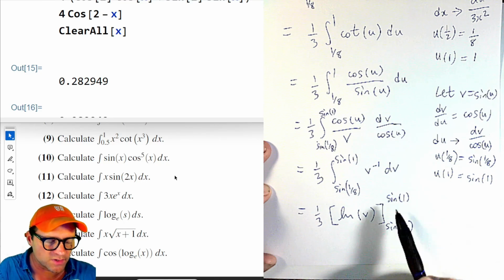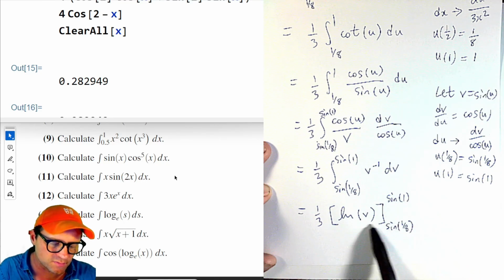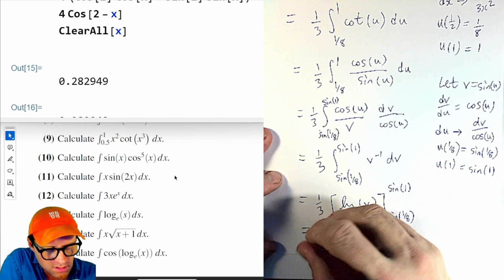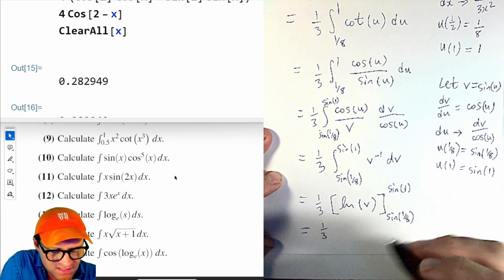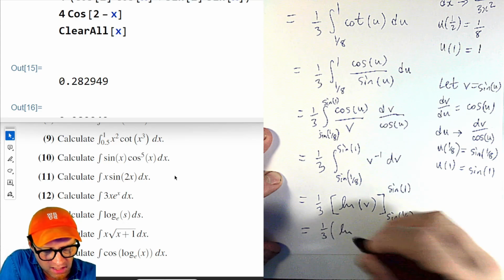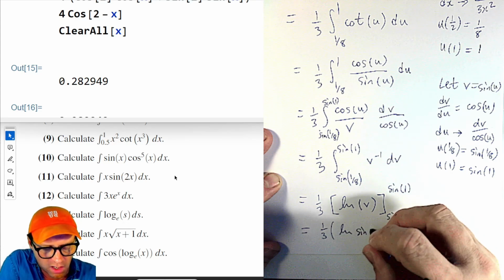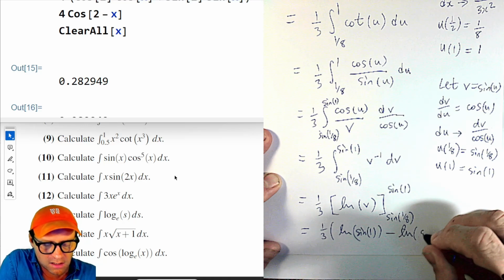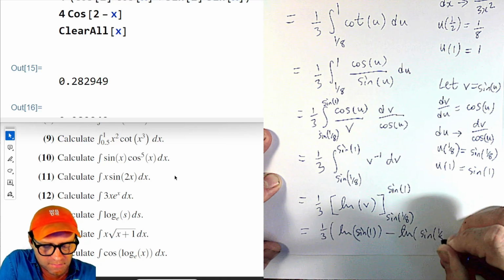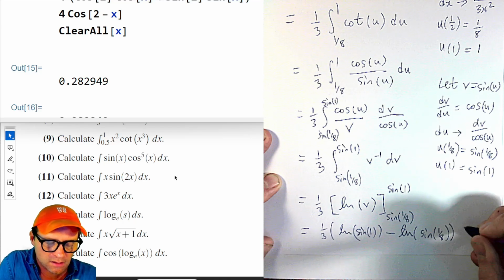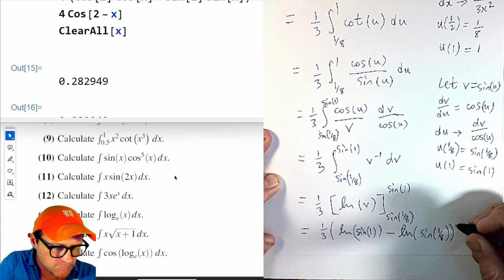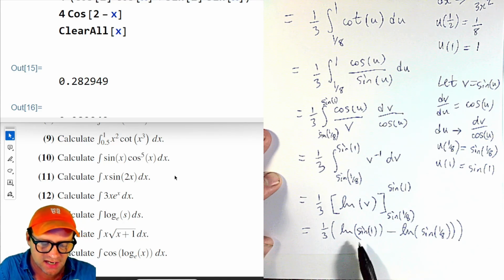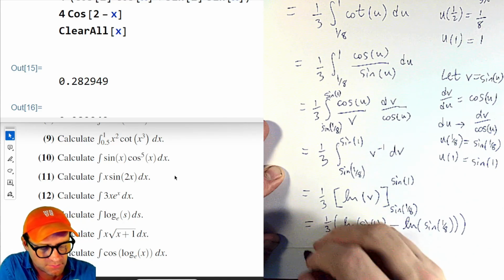Okay, so now when we sub these in, we take a difference, but remember there's a log rule that we can use. But first I will write this down. So ln of sine of 1 minus ln sine of 1/8. Okay, and then now let's use our log rule that says that this is a log of a quotient.